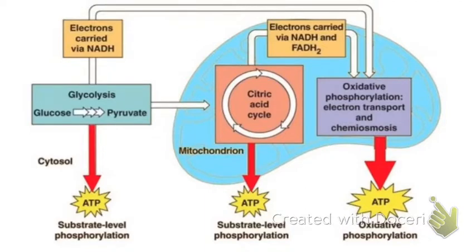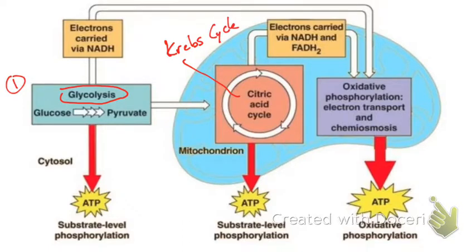Now you don't need to know all these parts, but what you do need to know is that the first step here is called glycolysis, and it happens outside the mitochondria. The citric acid cycle is also known as the Krebs cycle.